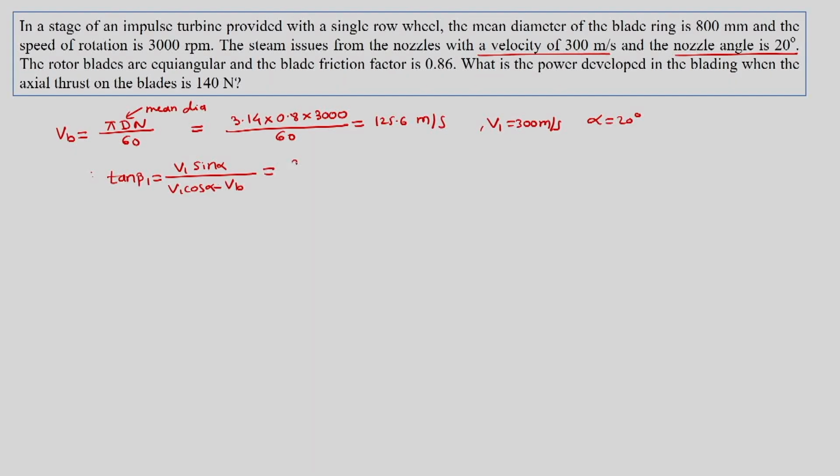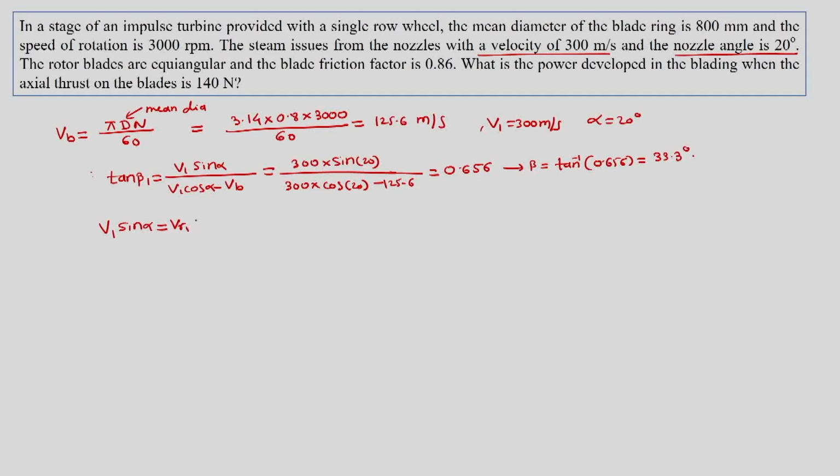So V1 is 300 into sine of 20 divided by 300 into cos of 20 minus 125.6, and that is 0.656. This gives beta as tan inverse of 0.656, and we get beta as 33.3 degree.